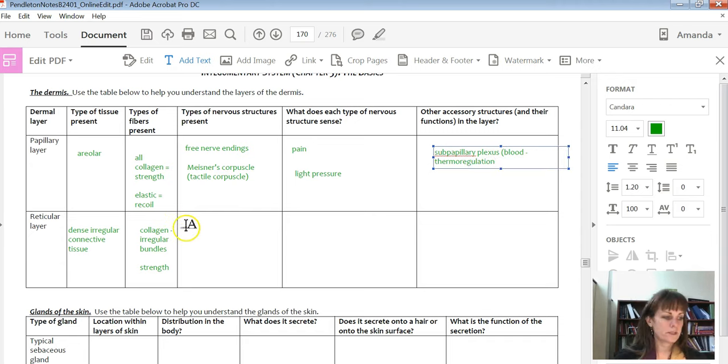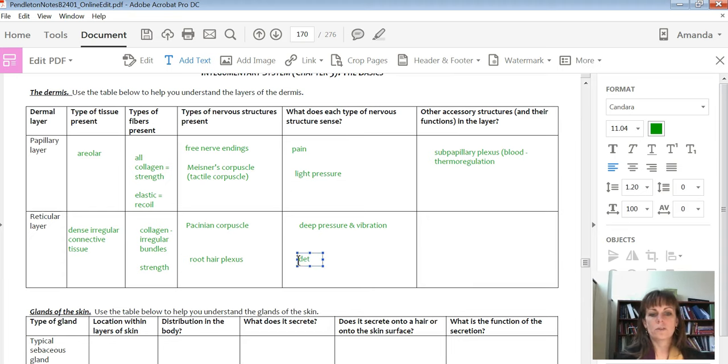All right, other nervous structures we have here, we have the Pacinian corpuscle. This is going to sense deep pressure and vibration. We're also going to have the root hair plexus, and I'll point that out. This is going to detect hair movement and pain.